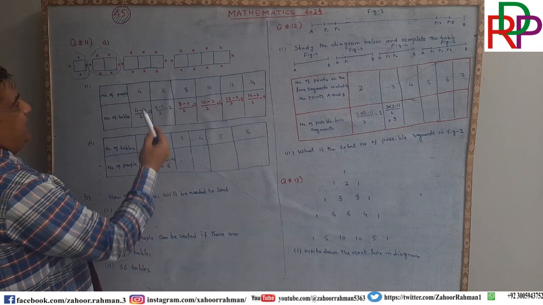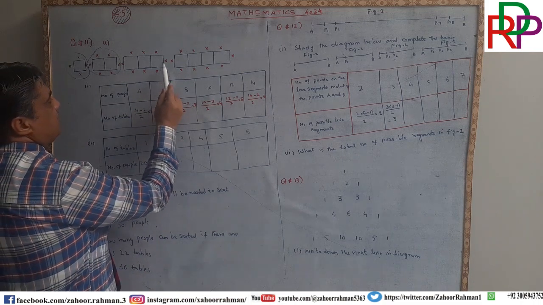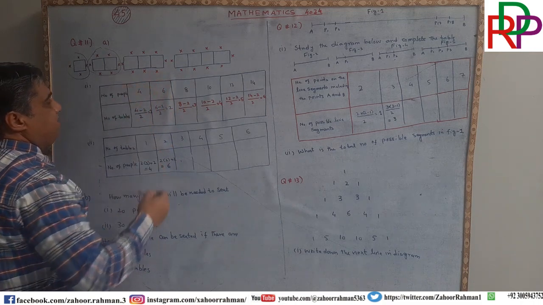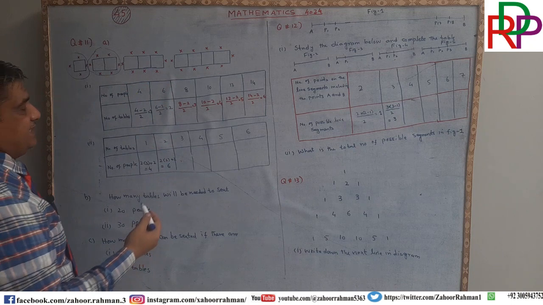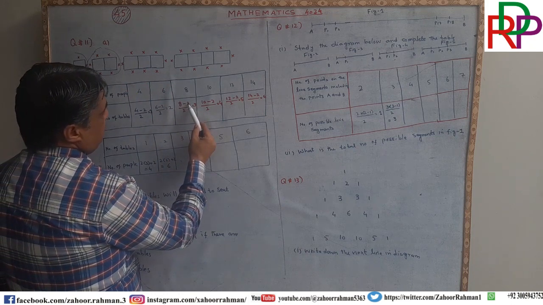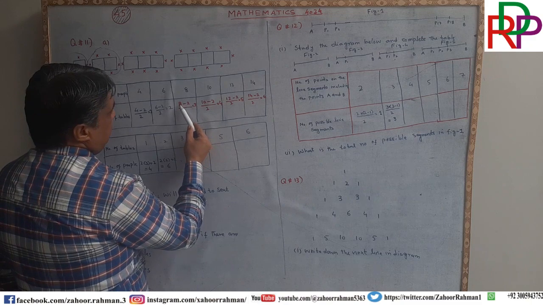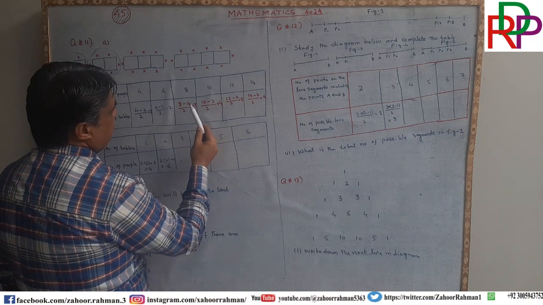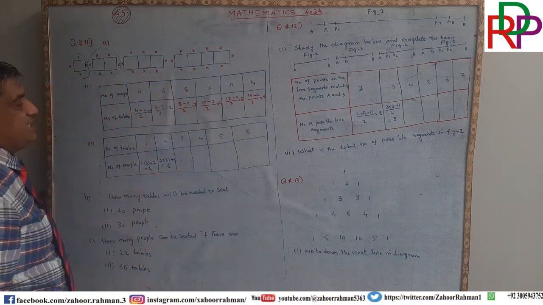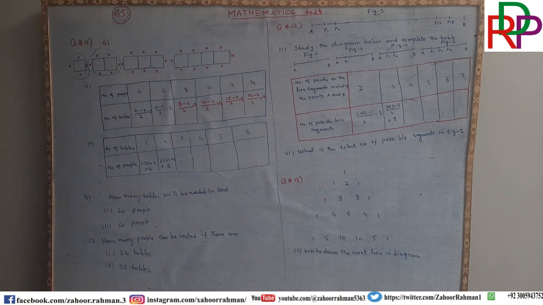And what about 8 people? 1, 2, 3, 4, 5, 6, 7, 8 people. If they are sitting, 8 minus 2 divided by 2. So this is 6, 6 divided by 2, and 3 tables are required.